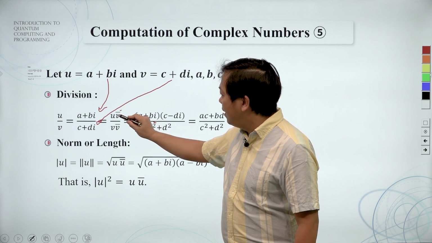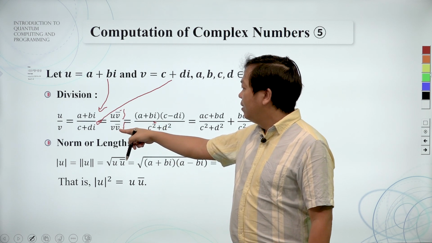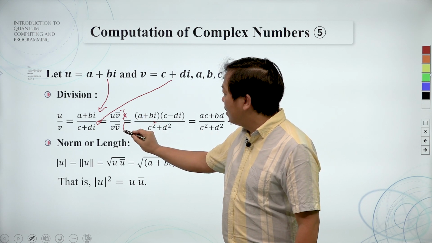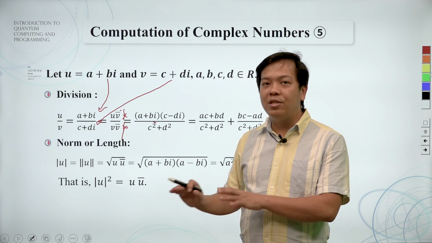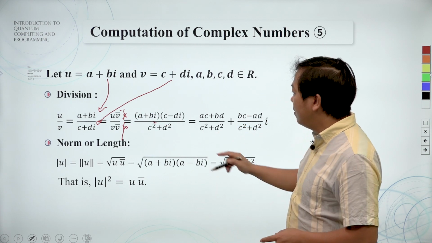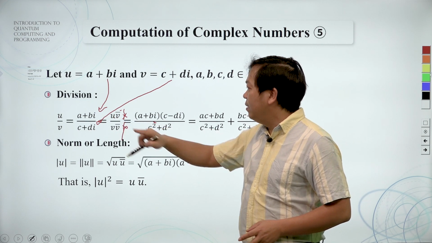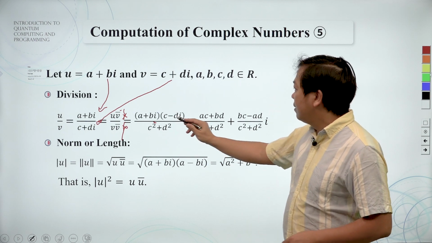We can multiply with the conjugate of the same vector V. If this divided by this is equal to 1, it doesn't change the value, right? So after you multiply U with the conjugate vector V, you get this one.